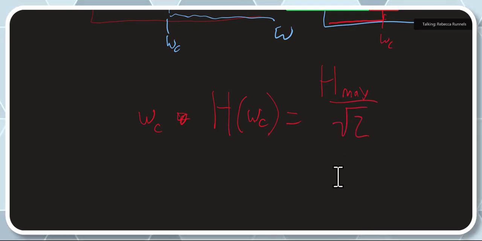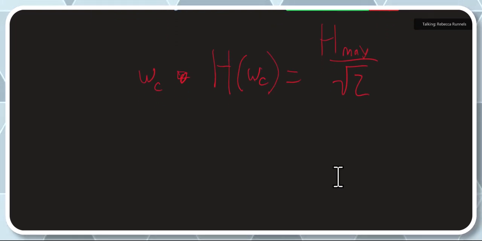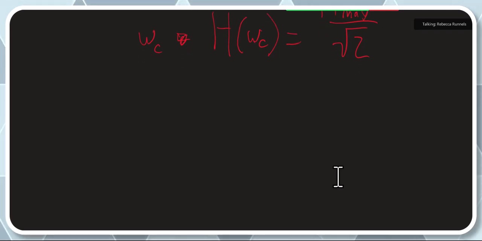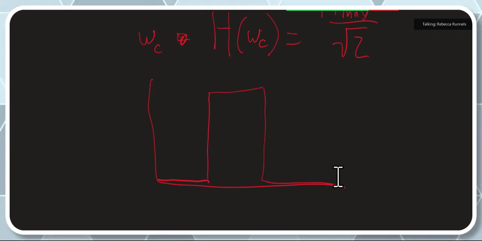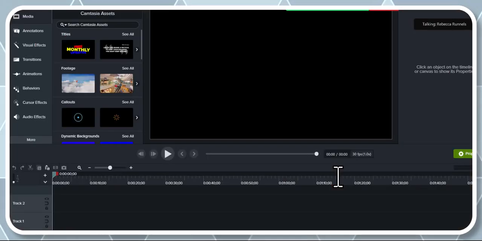That's the actual definition. So it's when it has diminished to 1 over the square root of 2 of its original, whether it's band pass or high pass or low pass. Band pass means that you have none of it, and then you have all of it, and then you have none of it again. You're getting some group in the middle.